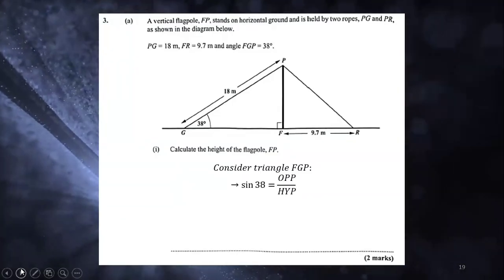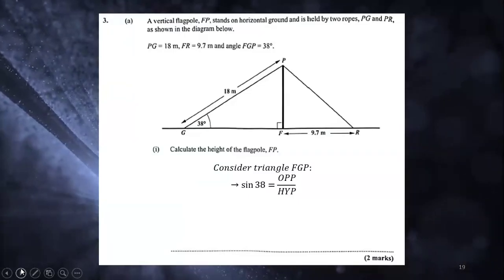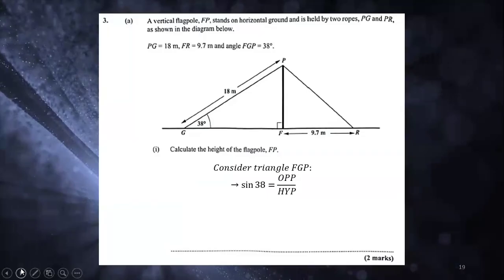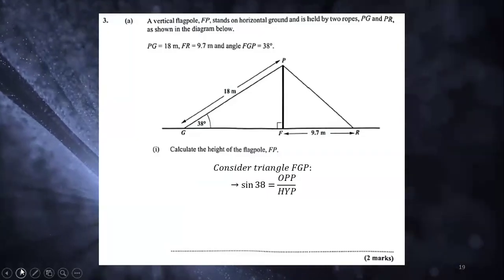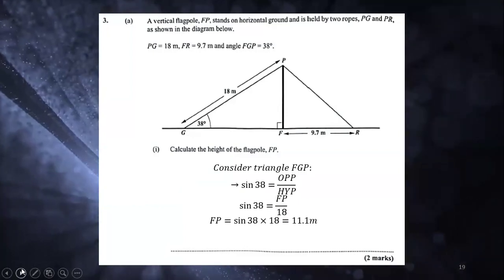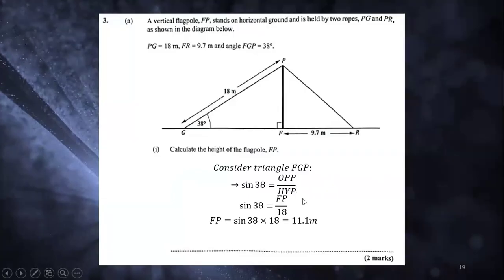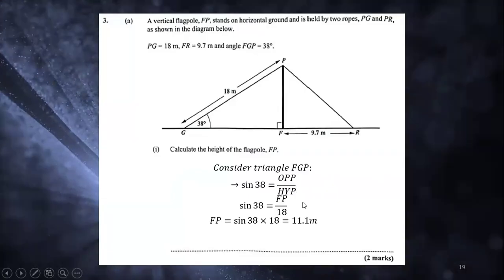Sine 30 is equal to opposite over hypotenuse. The opposite is what we want to find. The hypotenuse is going to be GP, which is 18. So we're just going to put in the 18 where the hypotenuse is. And the thing that we want to find is at the top.